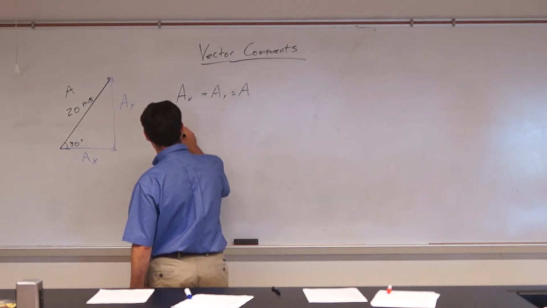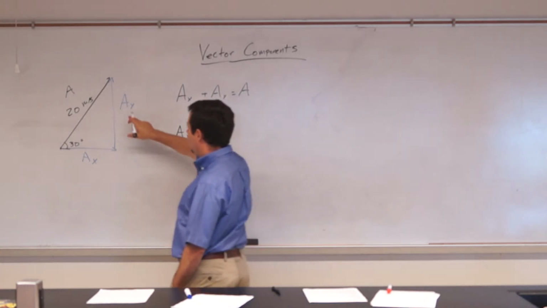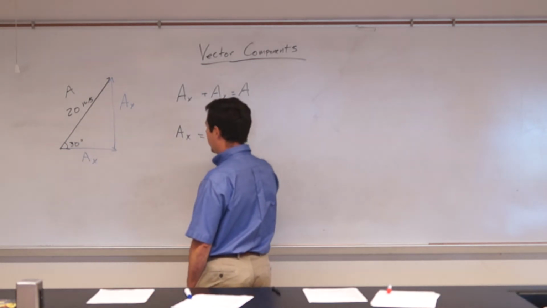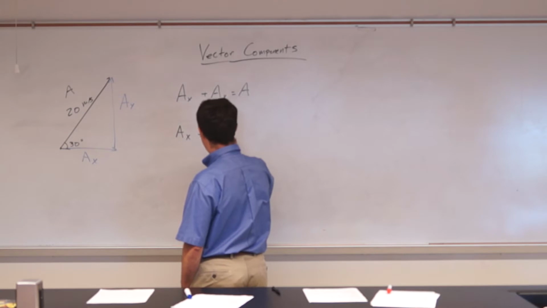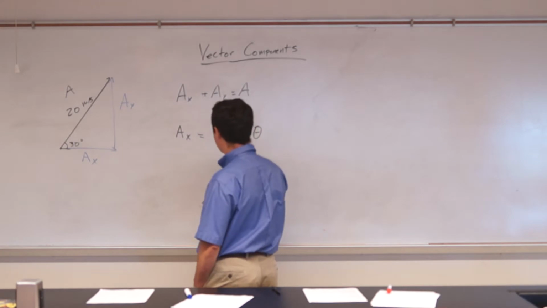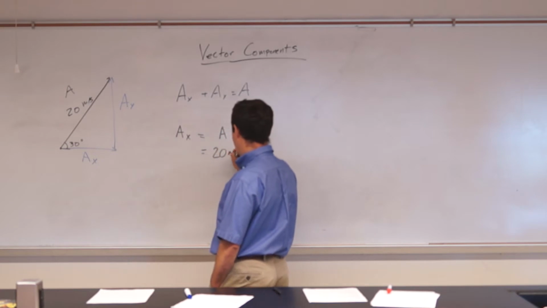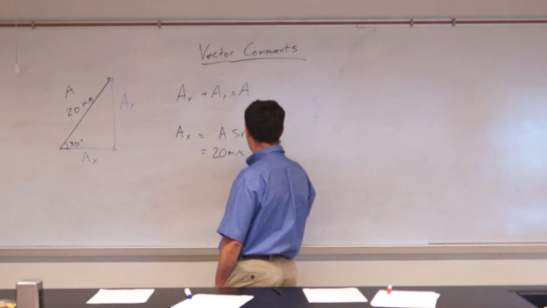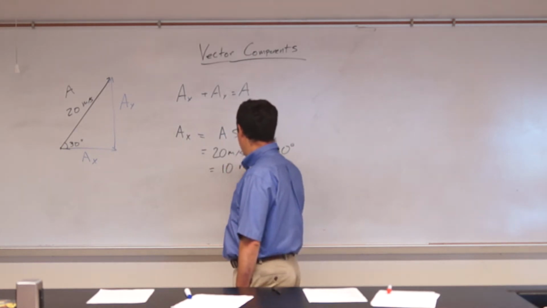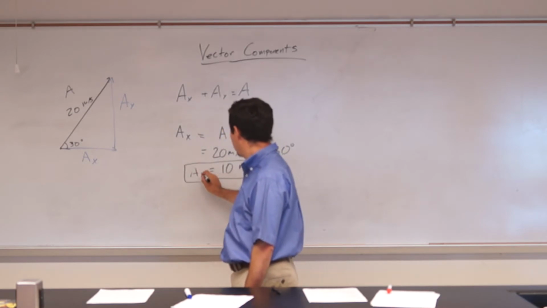So a sub x is going to be opposite this angle 30 degrees, and we know the hypotenuse, so we can just say a sub x is vector A times the sine of the angle, which in this case is 20 meters per second times the sine of 30 degrees, which ends up being 10 meters per second. So a sub x is just 10 meters per second.